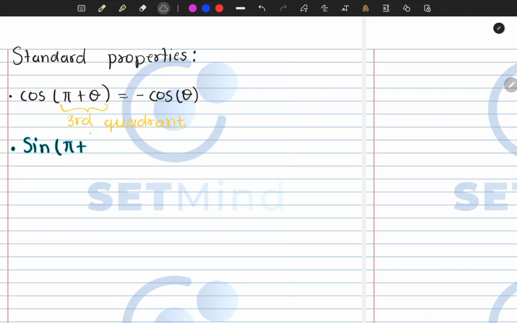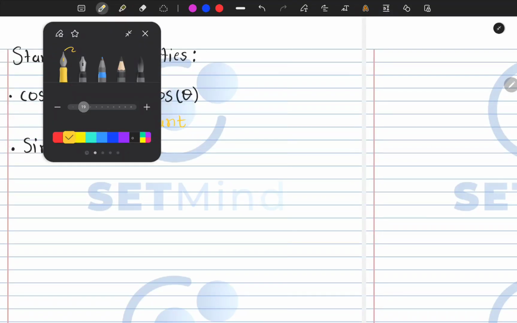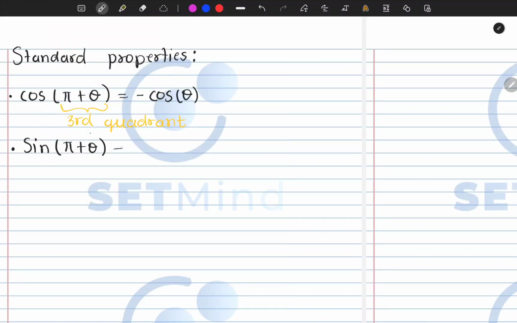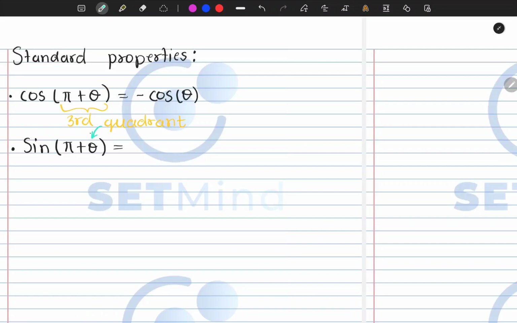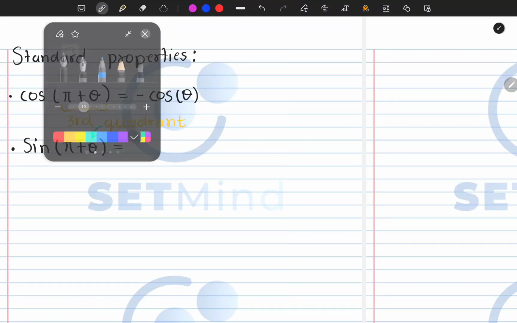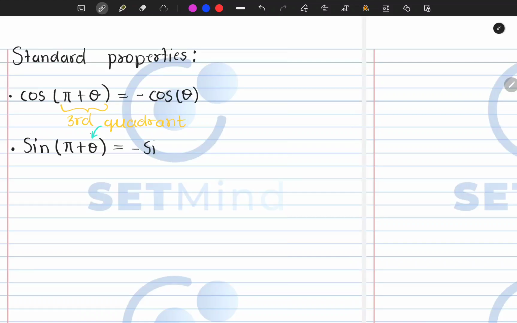So let's quickly deal with the sine one. If we have sine of pi plus theta, you should look carefully and realize that this is still the third quadrant. And on the third quadrant, sine is negative. So I'll get negative sine of whatever the angle is, which I'm adding to the pi. And then when we get to tan of pi plus theta, I need to remember that here we are in the third quadrant, very importantly.